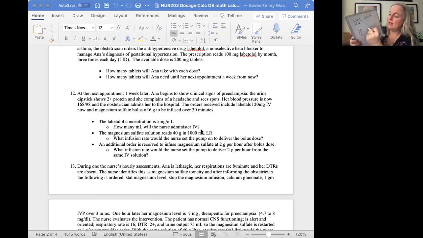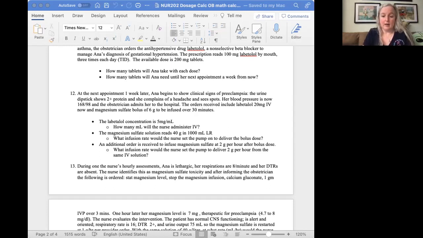And the quantity is 1 milliliter. So if we take 20 and divide it by 5, we're going to get 4. And 4 is how many milliliters we need to give her labetalol IV. All right. So that's the first part of question 12.